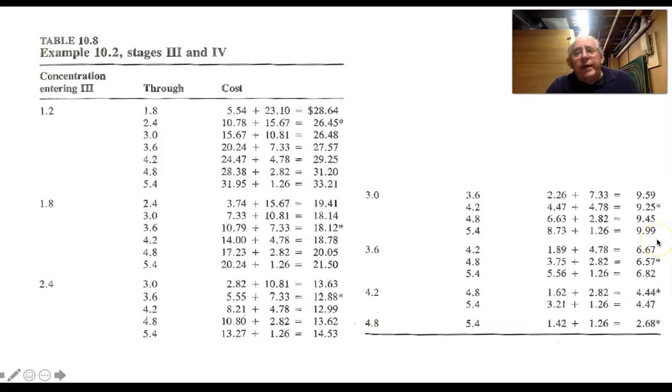These minimums are going down, obviously, but if you look at what's actually happening, we have performed more of the work, we've increased the concentration, leaving less concentration to be increased for stage 3 and 4.